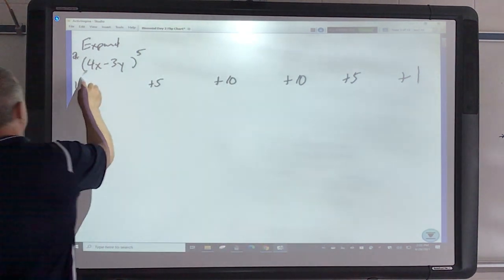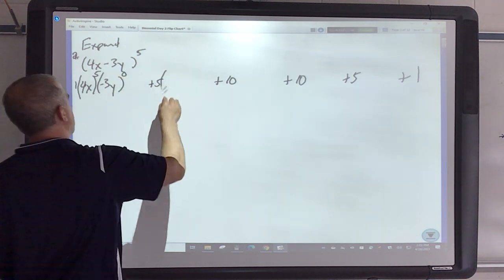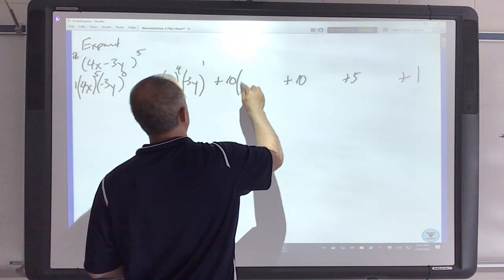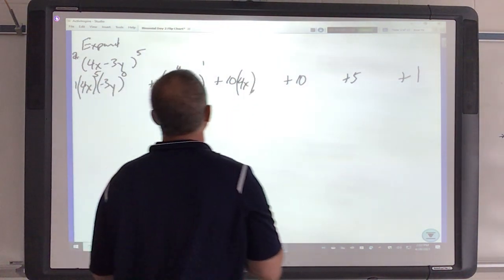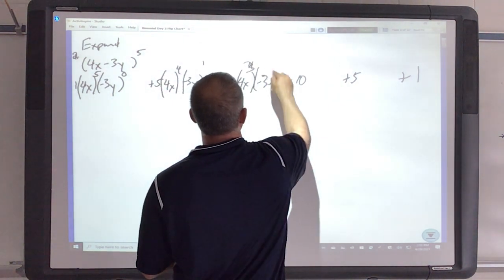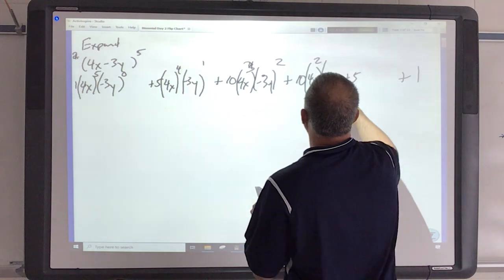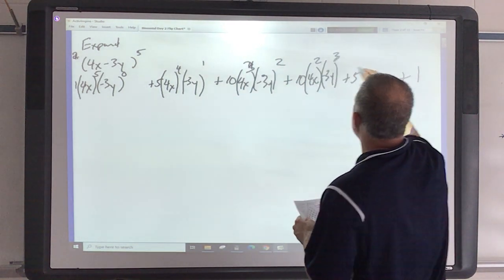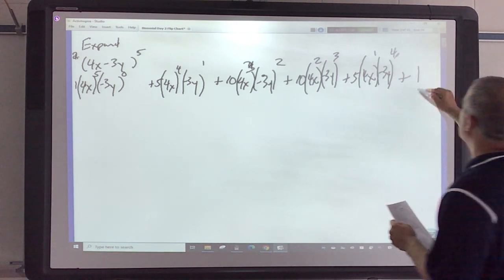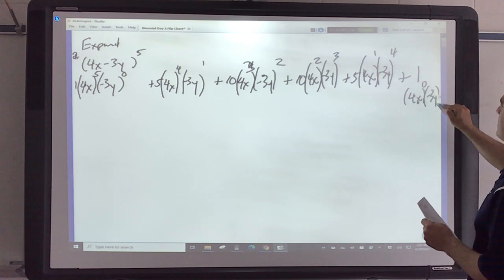So I've got (4x) to the 5th, (negative 3y) to the 0, (4x) to the 4th, (negative 3y) to the 1st, (4x) to the 3rd, (negative 3y) squared, (4x) to the 2nd, (negative 3y) to the 3rd, (4x) to the 1st, (negative 3y) to the 4th, and then (4x) to the 0, (negative 3y) to the 5th.